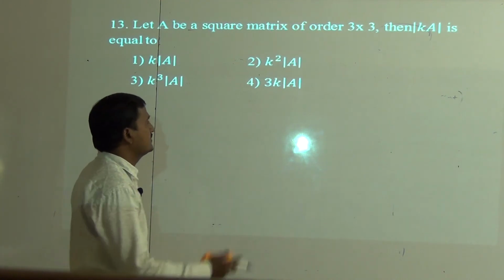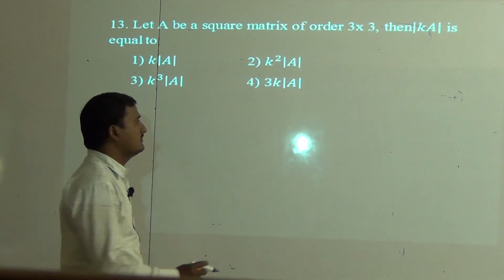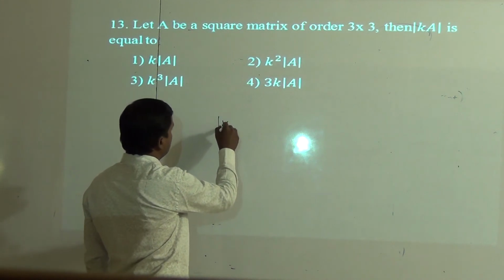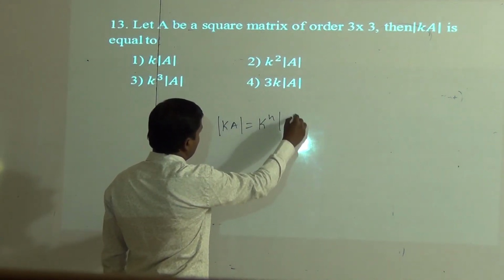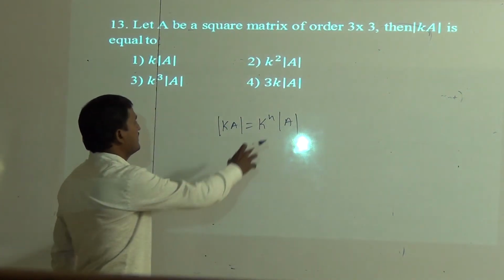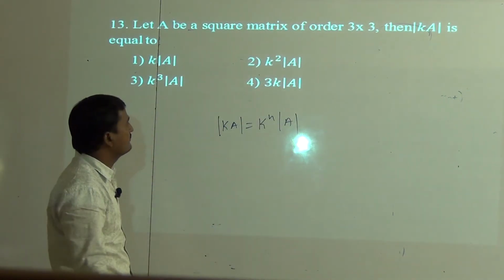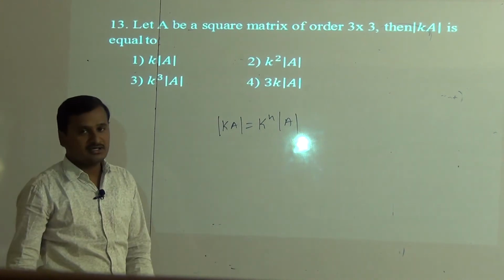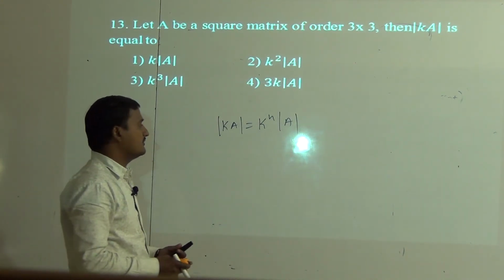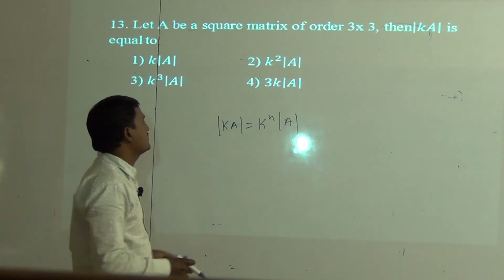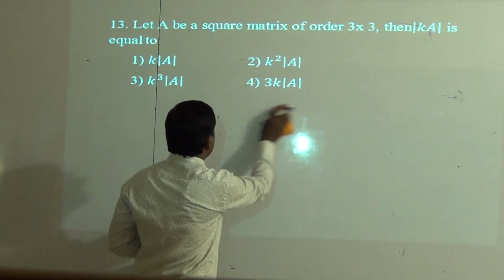Then what is the value of determinant of K A? Determinant of K A is equal to, we have the formula K to the power n into determinant of A, where n is the order of the matrix. We solved such type of problems in previous videos, so you just have to practice at home. Okay, I'll go for the next question.